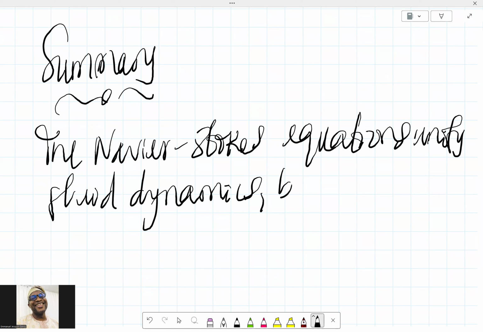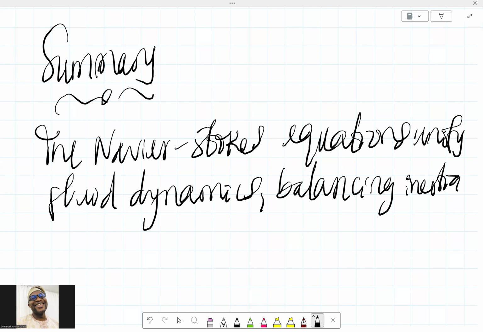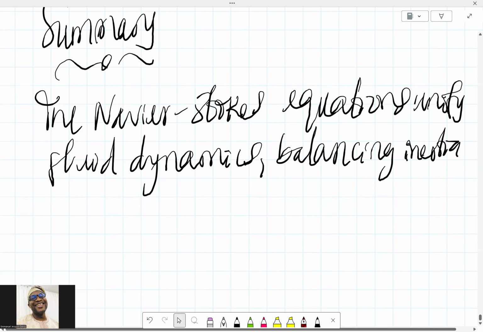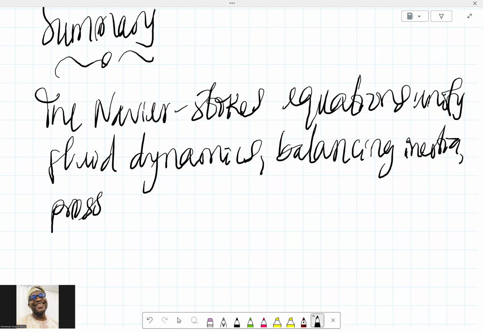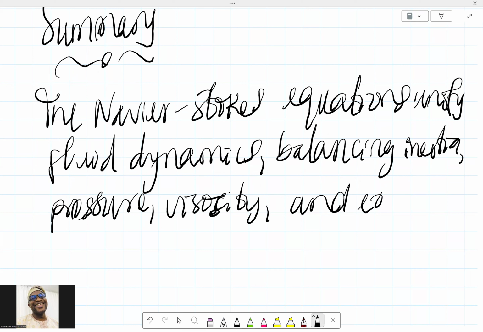Then you can now simplify based on your situation. Balancing inertia, which is, of course, reluctance to motion, pressure, viscosity, and external forces.